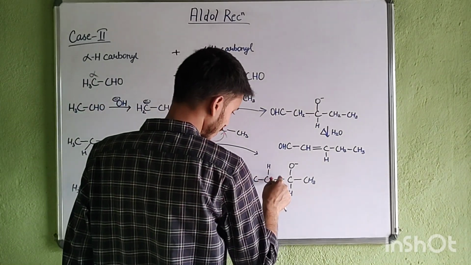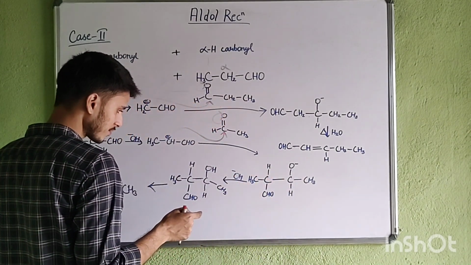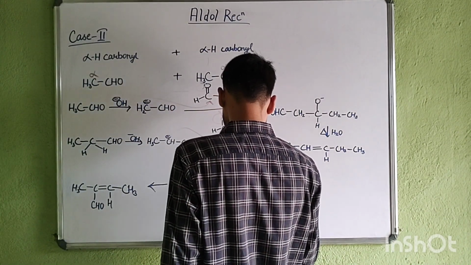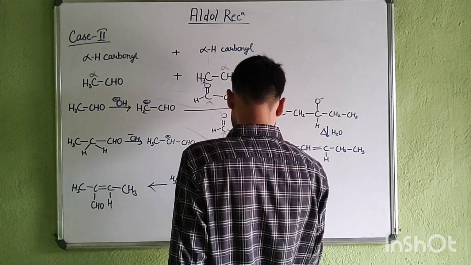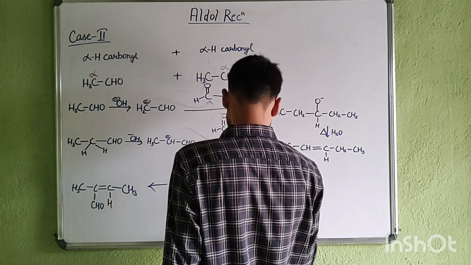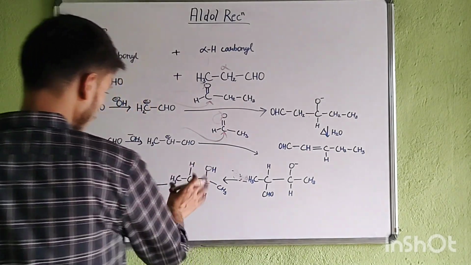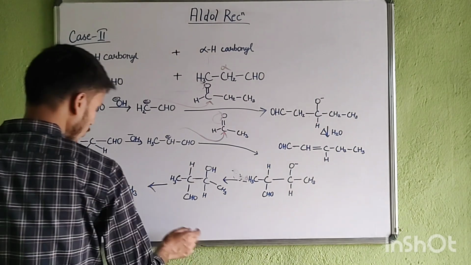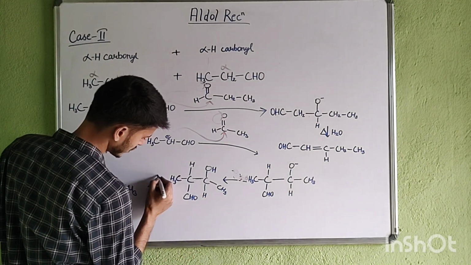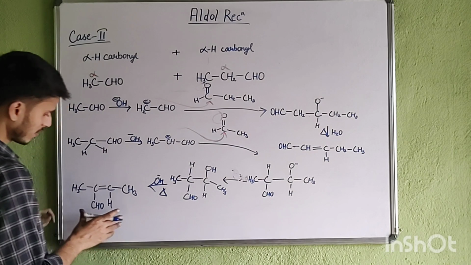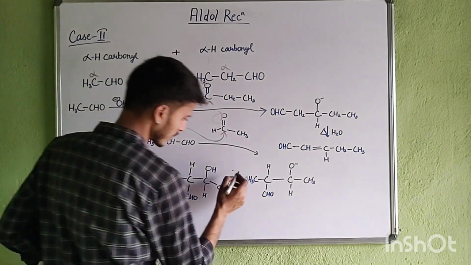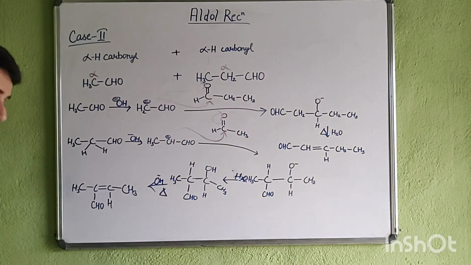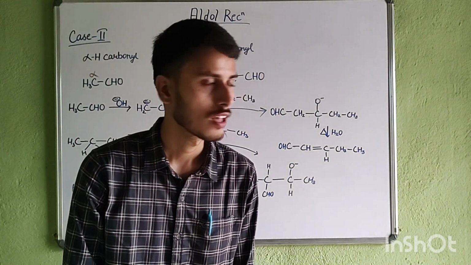When this is protonated, we will have this as the aldol addition product, and when this aldol addition product is treated with OH minus and heat, we will get the aldol condensation product. So this is all about aldol addition and aldol condensation product.